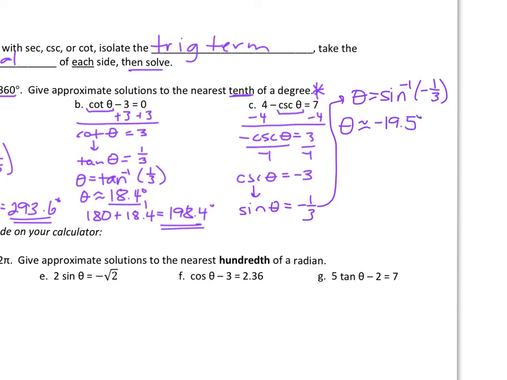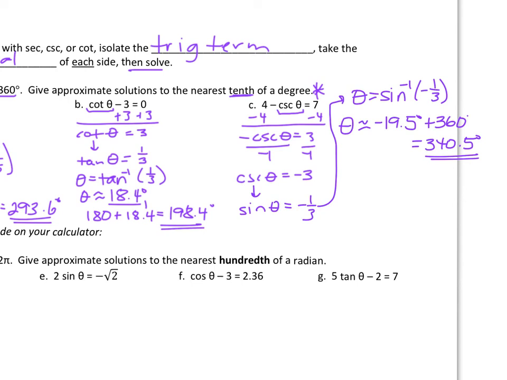Remember, the rule to make anything coterminal is you automatically just add 360 to it. That'll loop it back around so that it's going in a counterclockwise direction. And that will give you an answer of 340.5. That's in quadrant 4, and sine is negative in quadrant 4. So the sine equaling negative 1/3 would make sense.